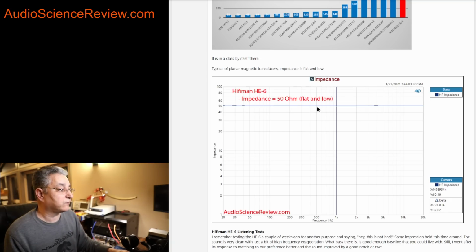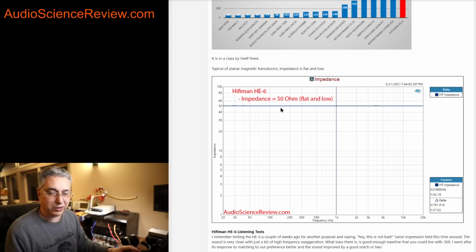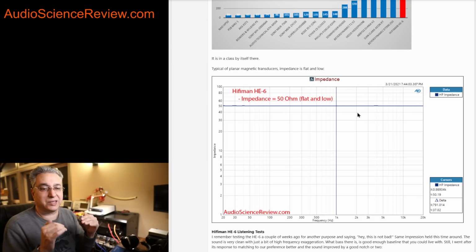The other thing is that the impedance is 100% flat. What that means is that if you have a high impedance headphone amplifier, like a tube one, and the headphone impedance is variable, the amp can change the frequency response of the headphone by a little bit. But when it's flat, it basically just makes it less loud and you get more losses in the headphone amp.